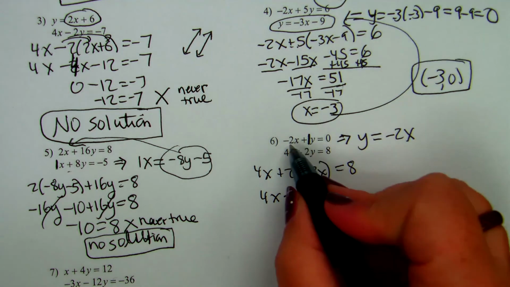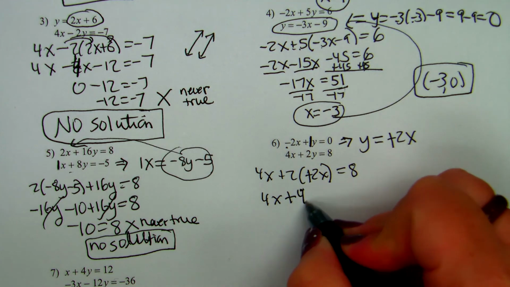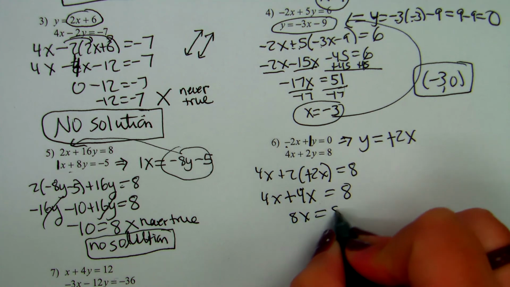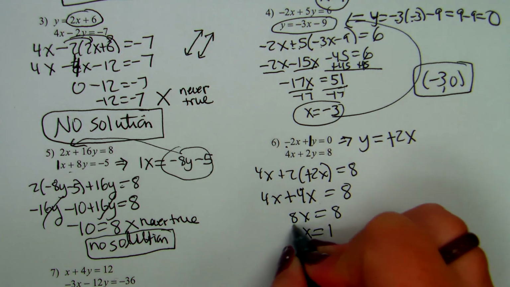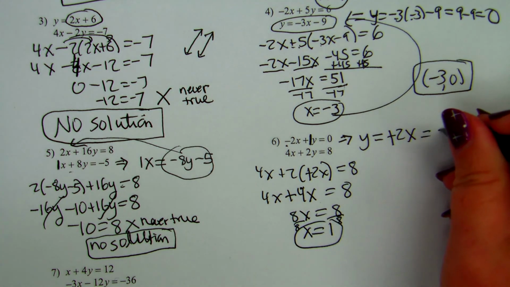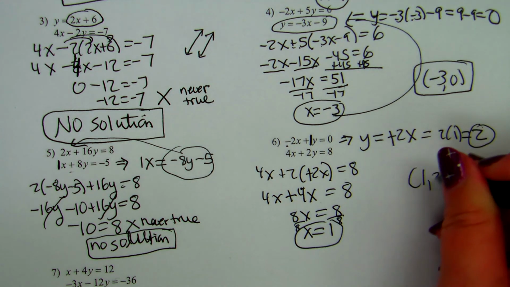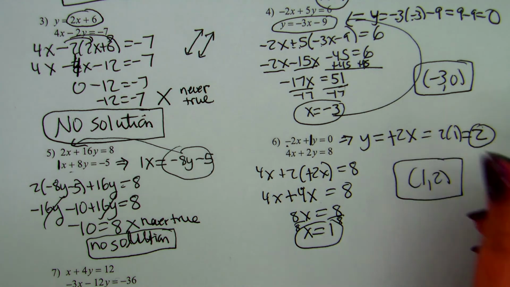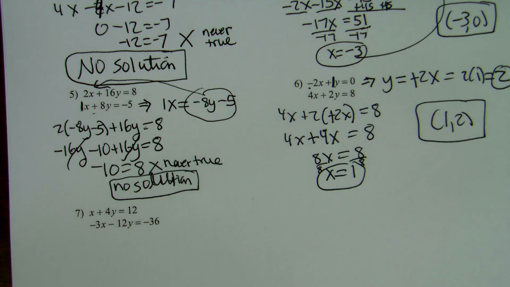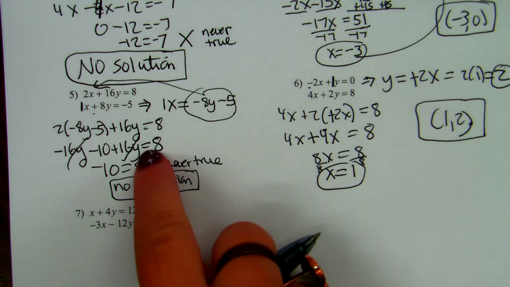Oh, when you move it over, you add 2x, this becomes positive 2x. So 8x equals 8, x equals 1 if you divide by 8. And you put it back into here. 2 times 1 is 2. So the ordered pair is 1, 2. Try to remember that when you're solving a system of equations, it's a system. You get an ordered pair, you get a point where the two lines intersect. Unless they're parallel and they get no solution.